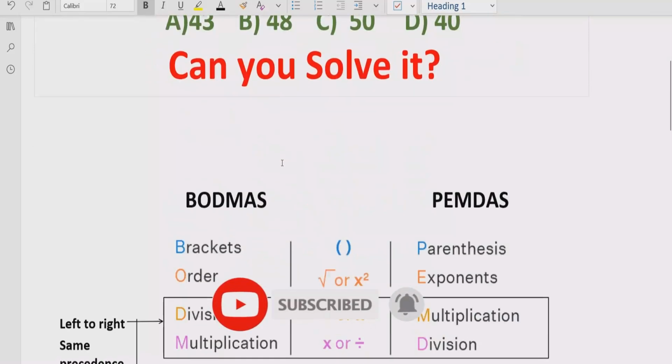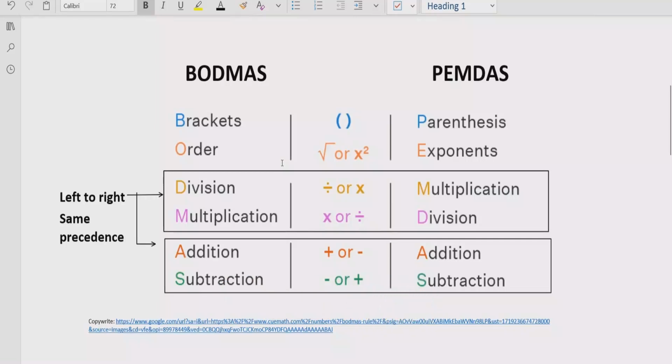Now, let's move towards understanding the rules we will follow to solve this expression. As you can see on the screen, we have two rules, BODMAS and PAMDAS, which we can follow to solve this expression.